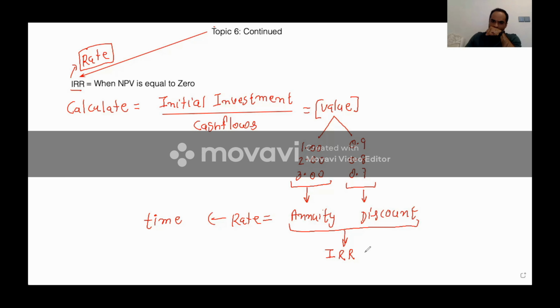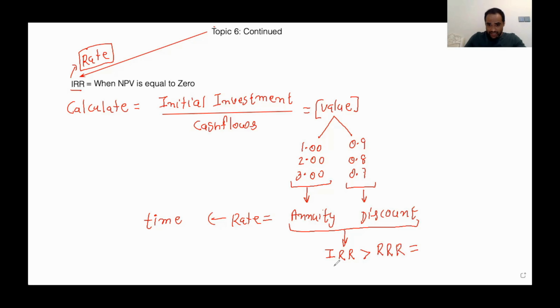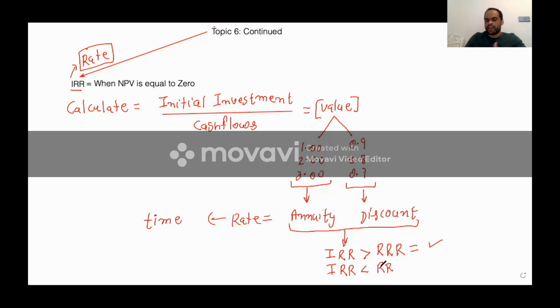So remember, if IRR is greater than RRR, meaning discount rate or rate of return, we will select. If IRR is less than RRR, RRR meaning interest rate, discount rate, or required rate of return, whatever, right? That is normally given in your question. So it's always given in your question, obviously. So that will be rejected.